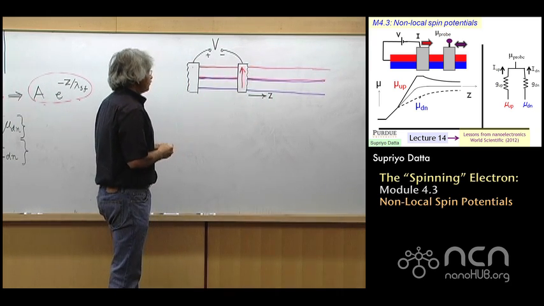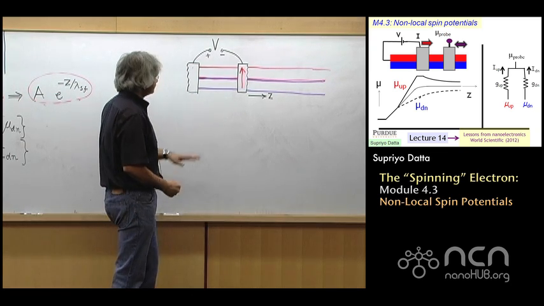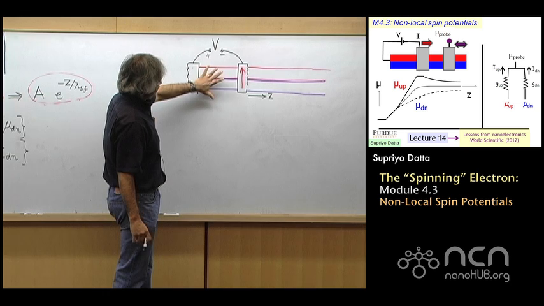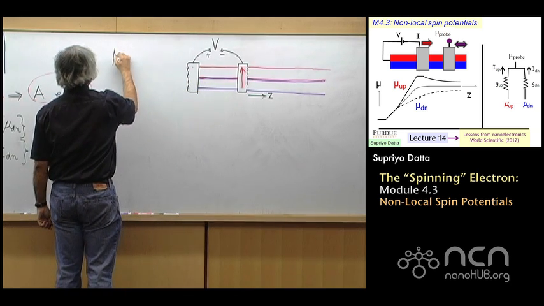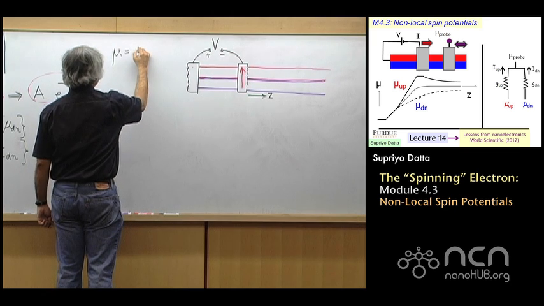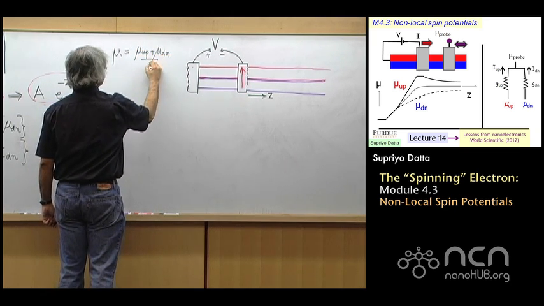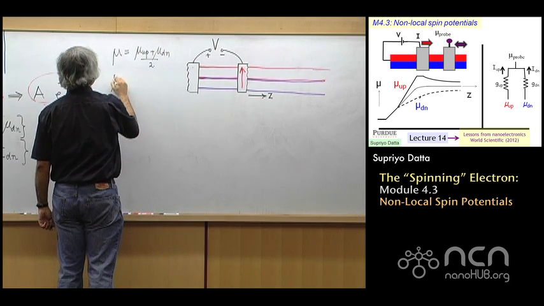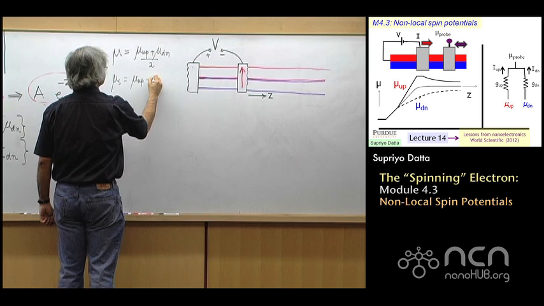And now consider what the potentials will look like inside the channel. Let's first think about just the total potential. As I said, there are these two things: mu, which is mu up plus mu down, divided by 2, that's the average. And then there is the spin potential, which is mu up minus mu down.